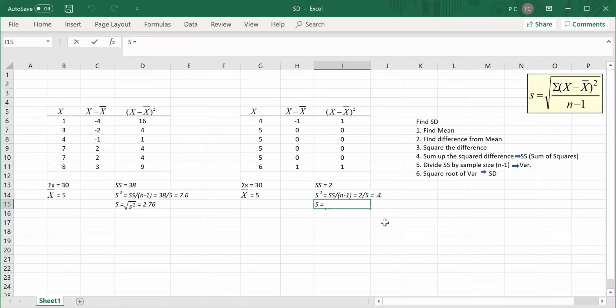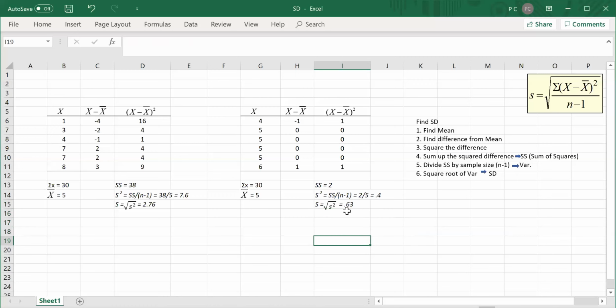Then next, we'll do a square root of 0.4. You'll get the standard deviation, which is rounded off to 0.63.